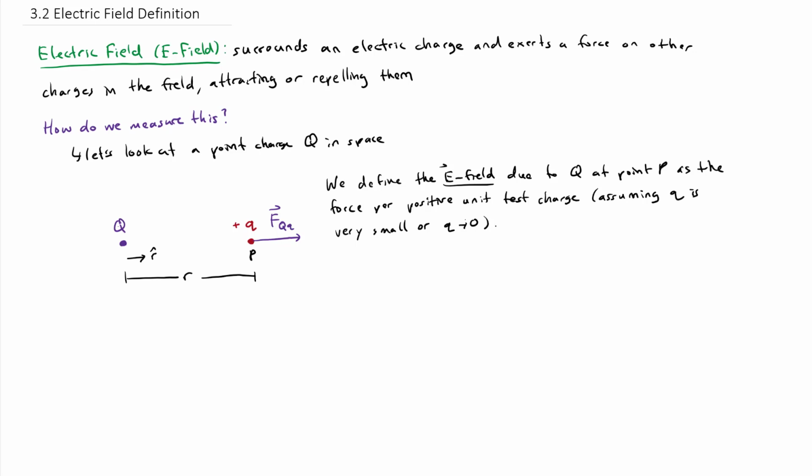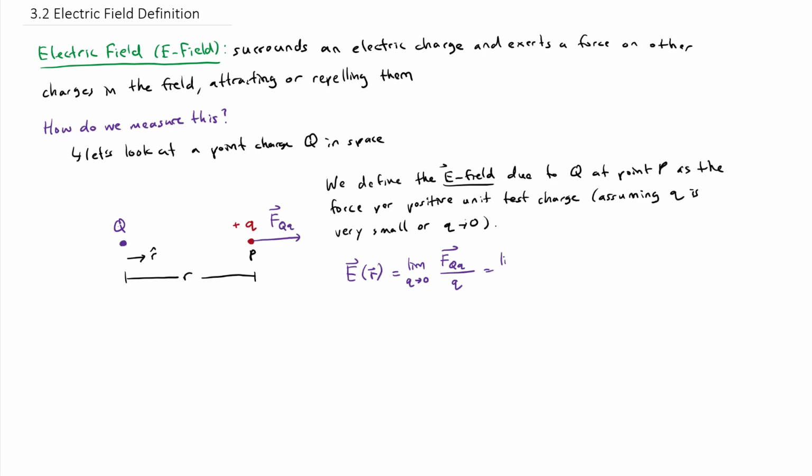But because we only are looking at 2 points, we can just say this is FQ. So if we want to define the electric field a certain distance r away, then it's equal to the limit as q approaches 0 of the electrostatic force experienced by it divided by its charge.